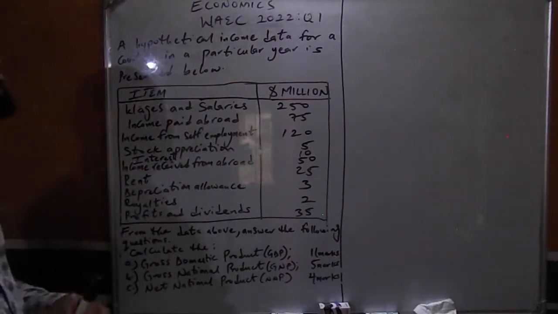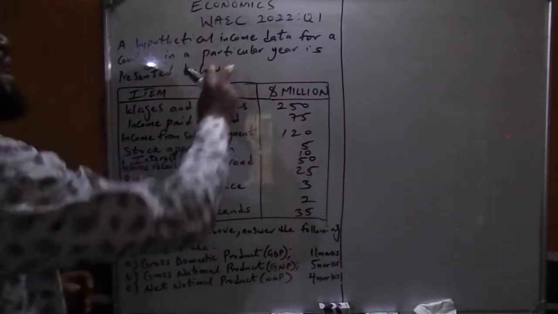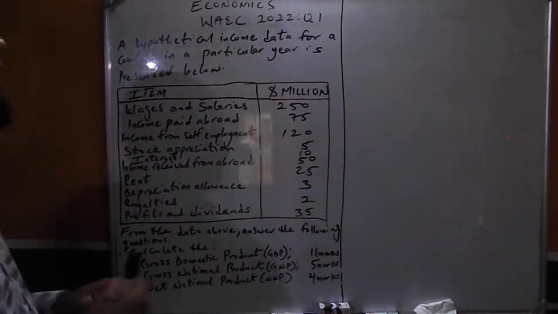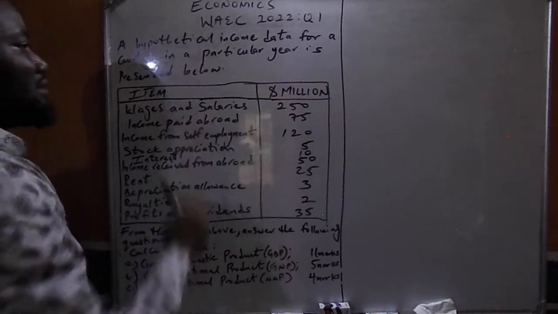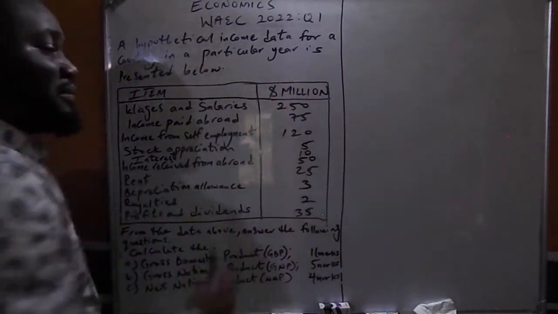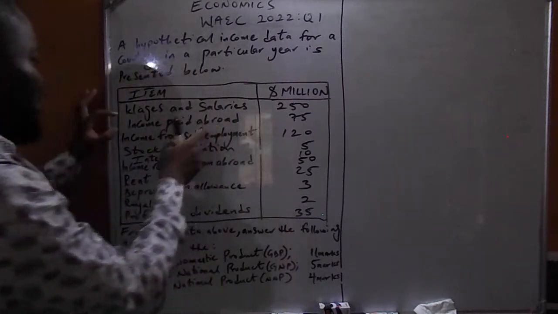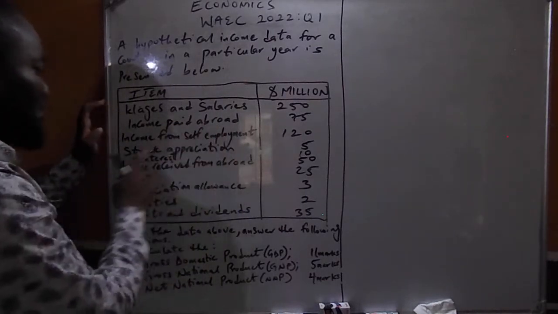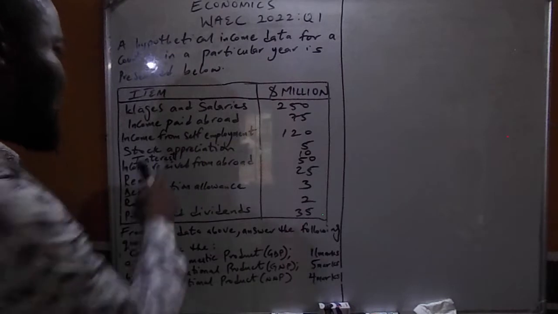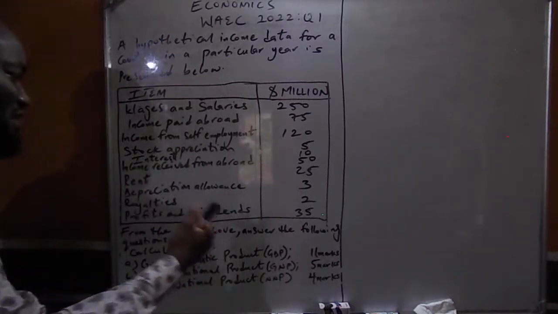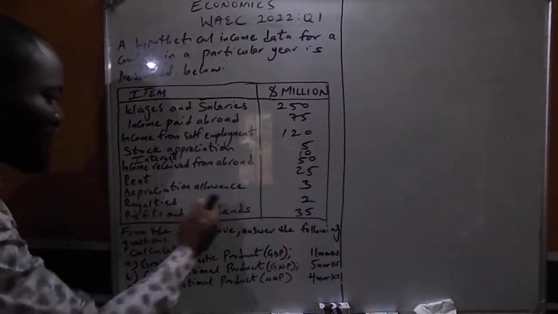A national income data for a country in a particular year is presented below. Item, then dollars in million. Wages and salaries, income paid abroad, income from self-employment, stock appreciation, interest, income received from abroad, rent, depreciation allowance, royalties, profit and dividend.